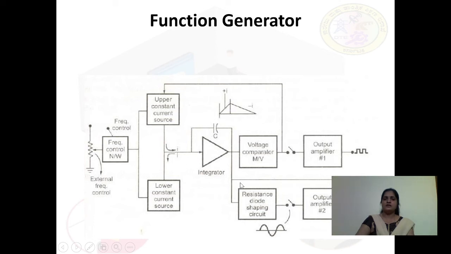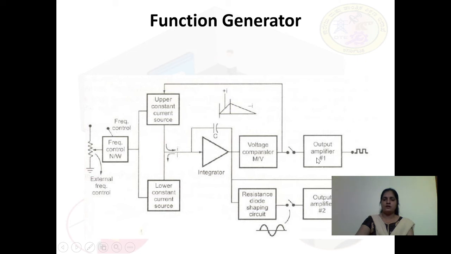And finally, if we consider the direct output, it is capable of providing a triangular waveform, and internally it is also converted into a pulse waveform. And once again, by applying this charging and discharging to the resistance diode shaping circuit, it converts that triangular waveform into a sine wave.